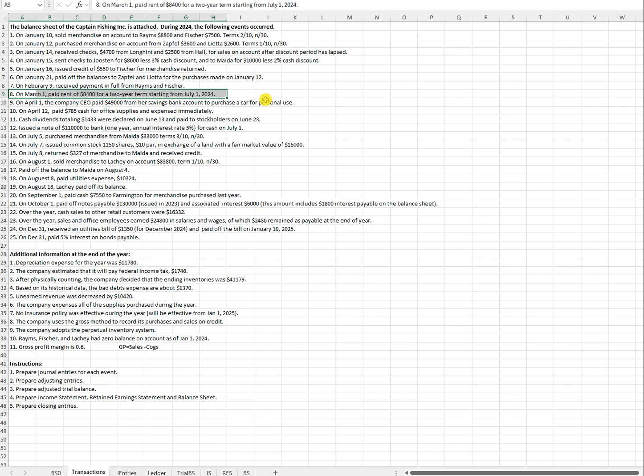Number 8, you paid rent $8,400 for a 2-year term, starting July 1st, 2024. Okay, this is a typical prepaid rent, in which we increase an asset called prepaid rent and reduce another asset, cash.